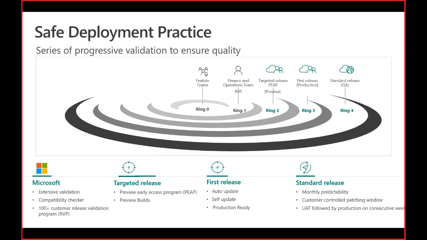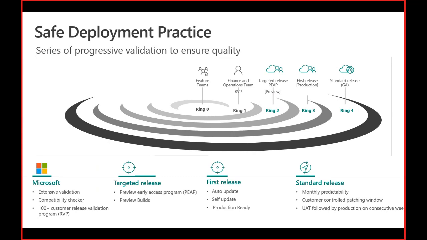Now, when we move into Ring 2 is what we call our preview ring. This is where we have a program. It's called the Preview Early Access Program. And this program is open for ISVs, customers, partners, anyone really that has a Dynamics 365 product. This allows you to get the first look of that service update.